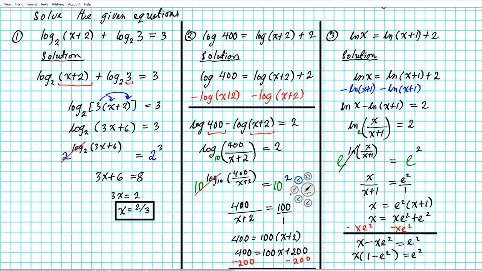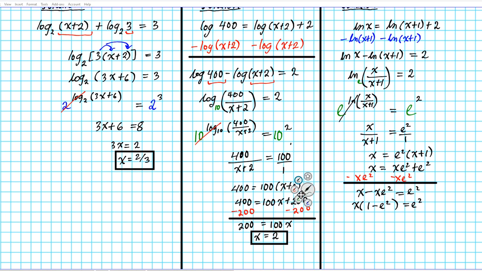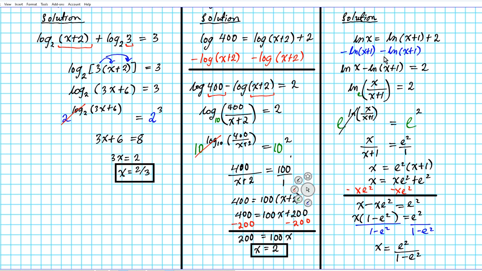And then the final step, just divide both sides by 1 minus e squared. When we do that division, we're going to have x is equal to e squared divided by 1 minus e squared. If you take a look at this number, these two numbers are of the same magnitude, right?